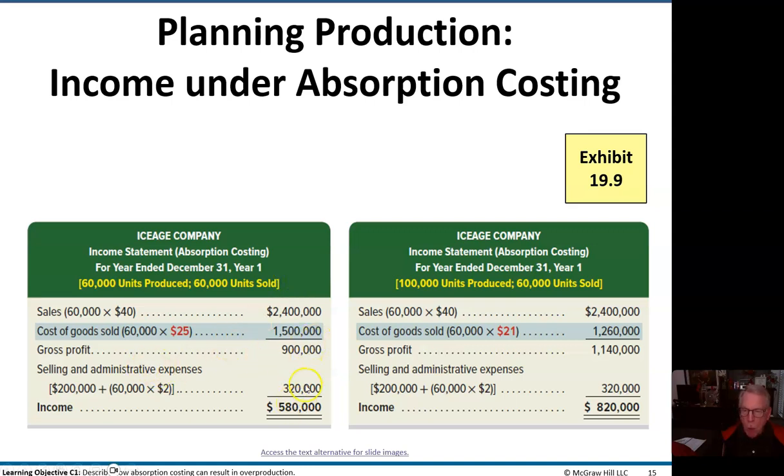So, if we walk through the arithmetic, which I think we've done before, and we look at these numbers, we find that using $21 in cost of goods sold compared to $25 results in a dramatically different cost of goods sold. And of course, a much higher income.